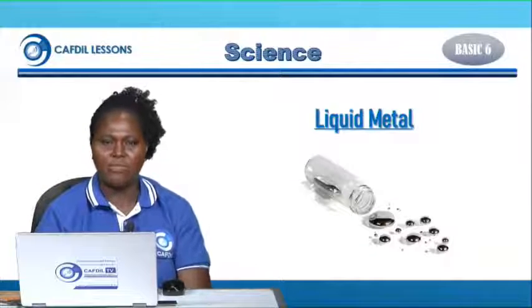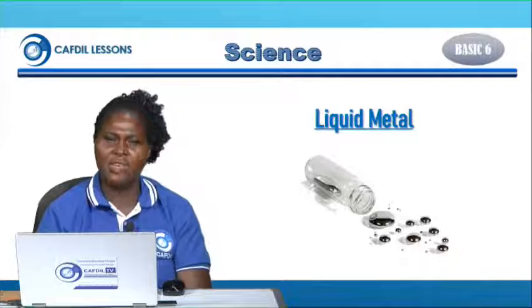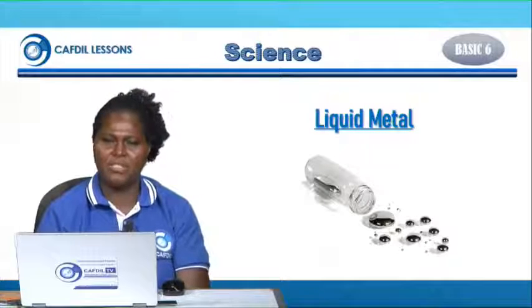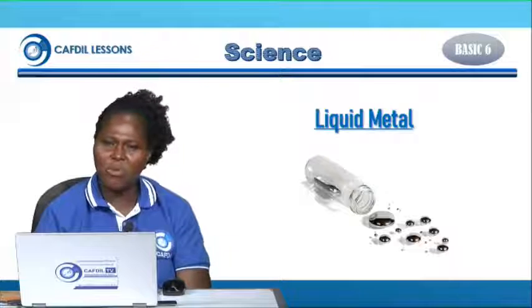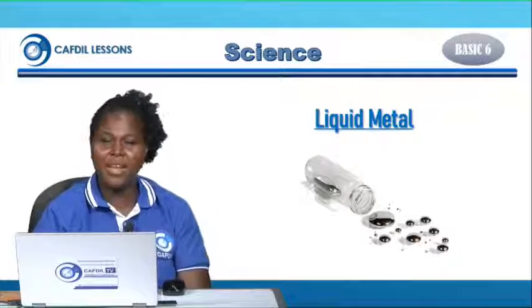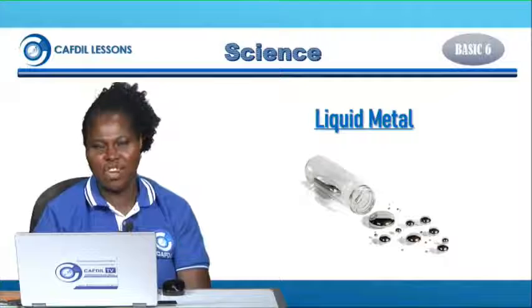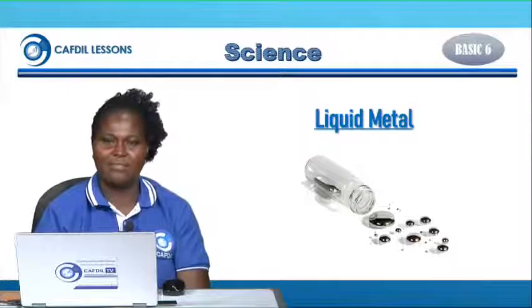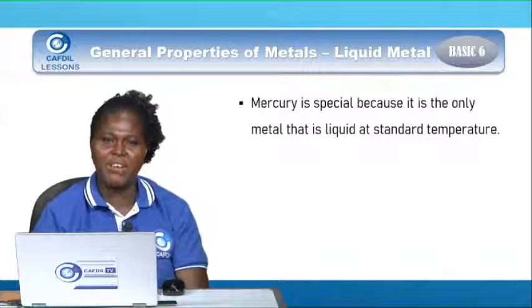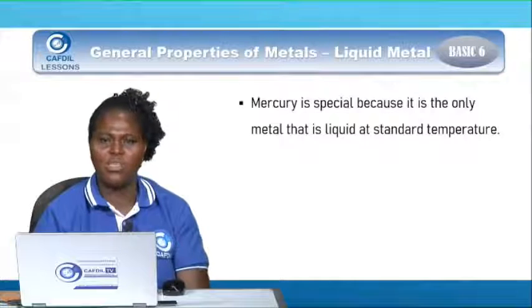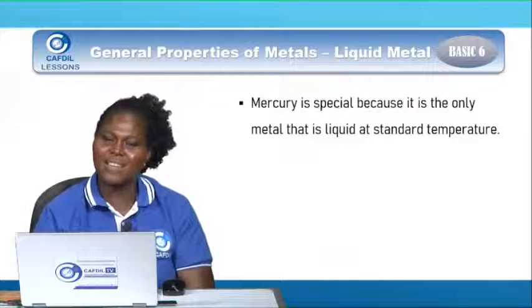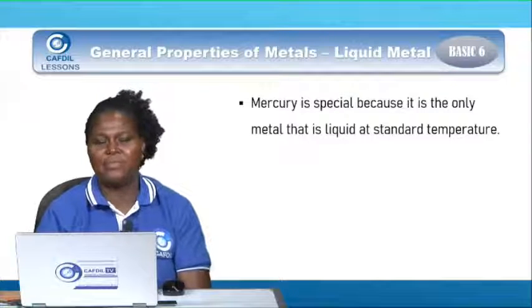Good. Now, we have a special property on metal. We have liquid metal. A metal being liquid. Isn't it interesting? Yes, liquid metal. Now, mercury is special because it is the only metal that is liquid at standard temperature.